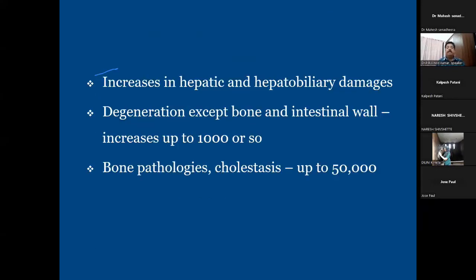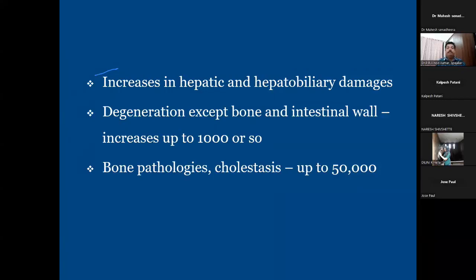It increases in hepatic and hepatobiliary damages. It is substantial. Degeneration, except in the bone and intestinal wall, increases it up to 1000 or so. If it is a bone pathology or cholestasis, it increases up to even 50,000. The activity is something around 50,000 in bone pathologies and cholestatic diseases.